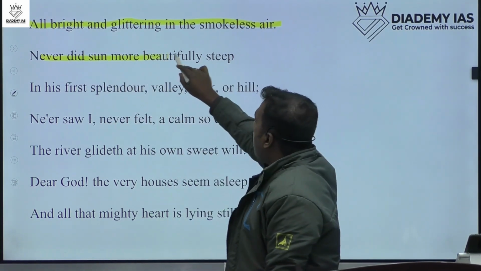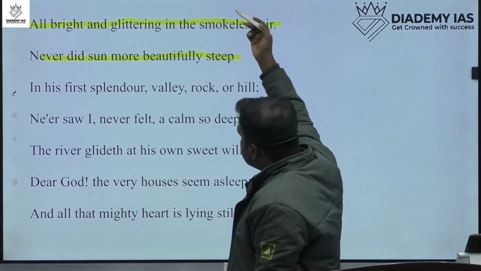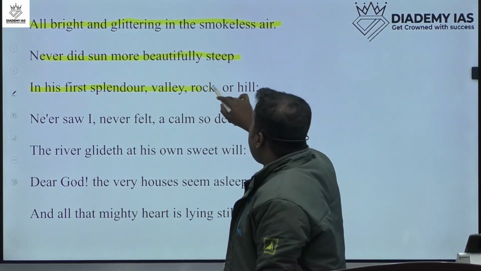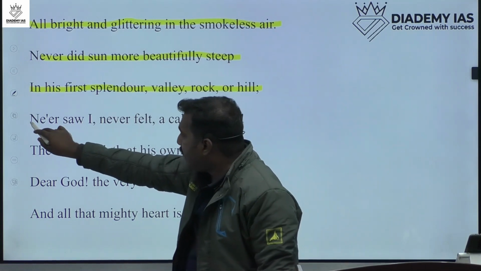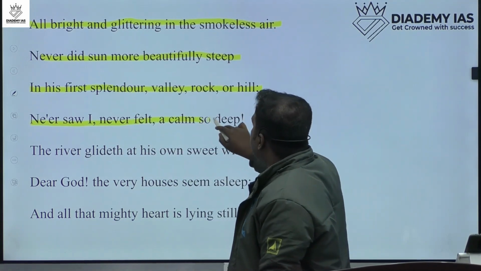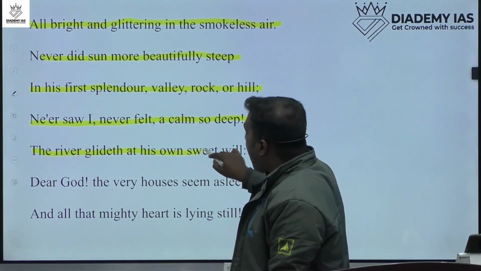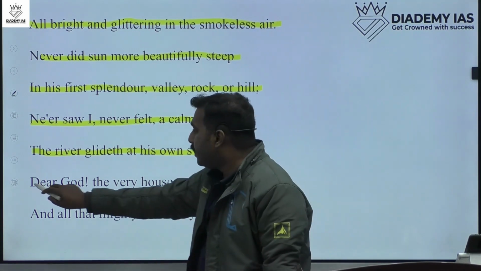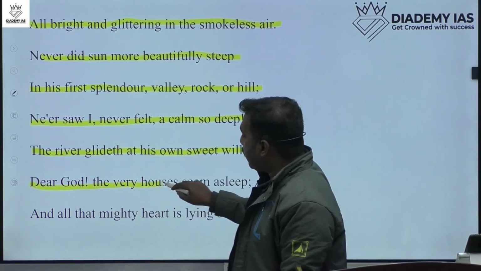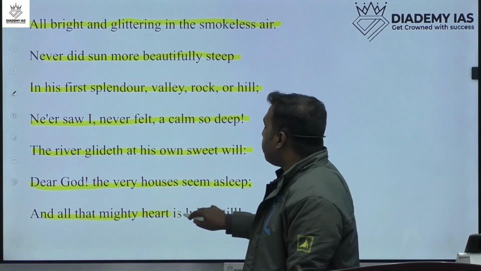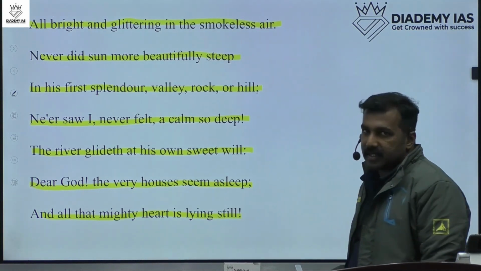Never did sun more beautifully steep in his first splendor, valley, rock, or hill. Ne'er saw I, never felt, a calm so deep. The river glideth at his own sweet will. Dear God, the very houses seem asleep, and all that mighty heart is lying still.